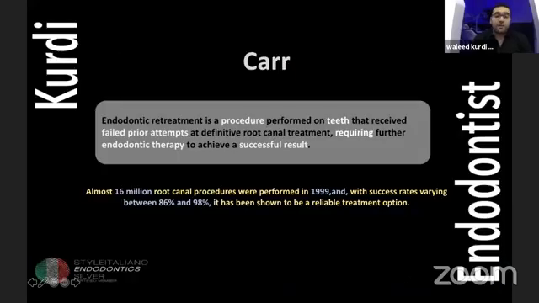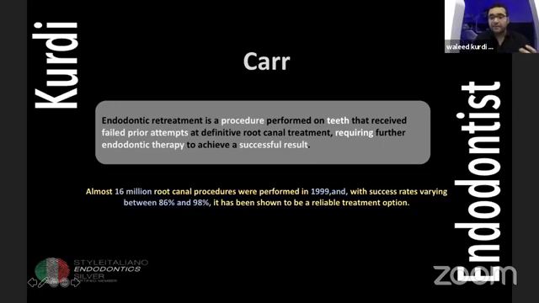First, before we start, I have to mention the definition of endodontic retreatment by Carr. In my opinion, it's the best definition for retreatment. He defined it as a procedure performed on a tooth or teeth that already received a failed previous attempt at root canal treatment.